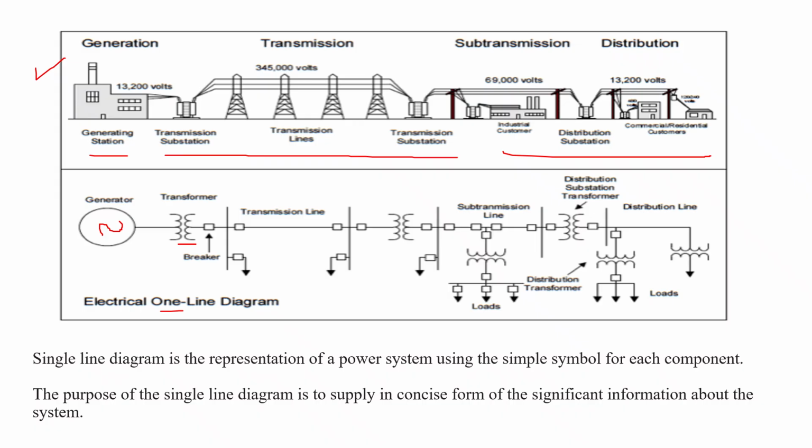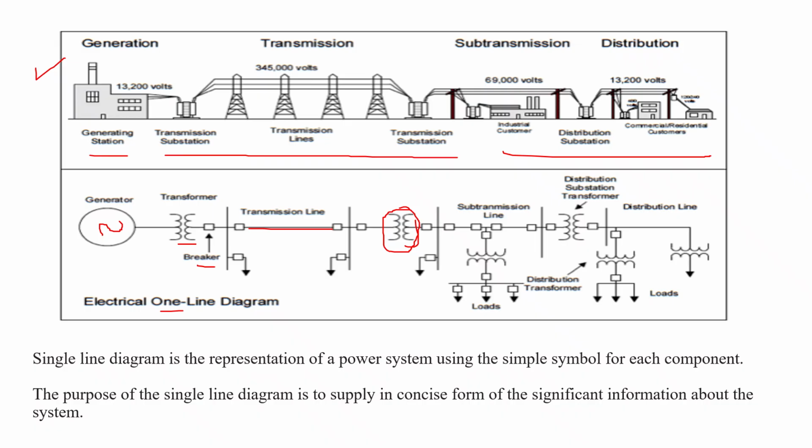Like I told you before, in the receiving station there is a step down of voltage, and again in the substation and distribution substation there are step-down transformers. These square boxes represent the breakers, these lines represent the conductors, and this represents grounding. So why is a single line diagram used?